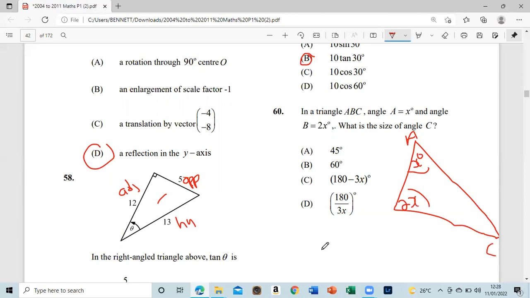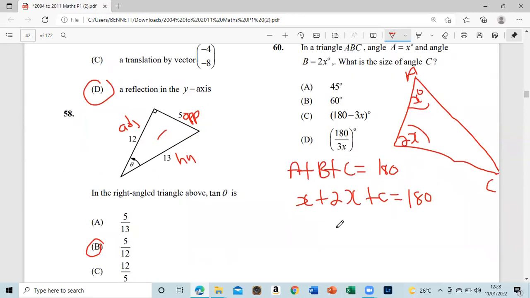We know that all three angles, A plus B plus C, must equal 180, right? So this would be x plus 2x plus C equals 180. So we add these and we transpose, and that will give us our answer. So it's 180 minus 3x.